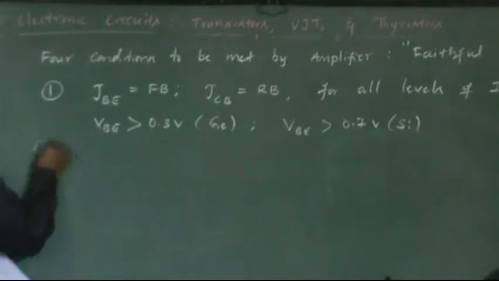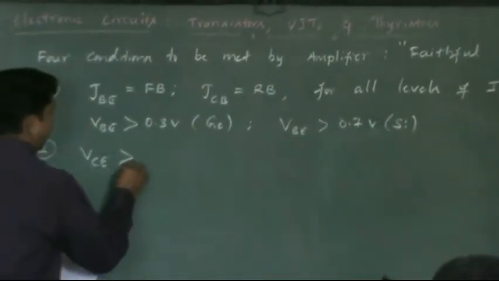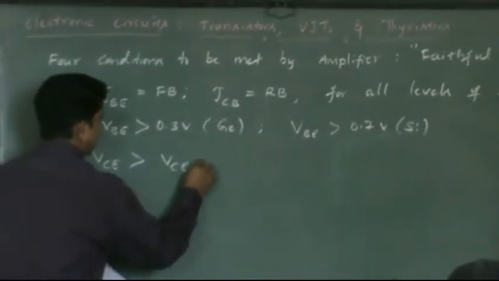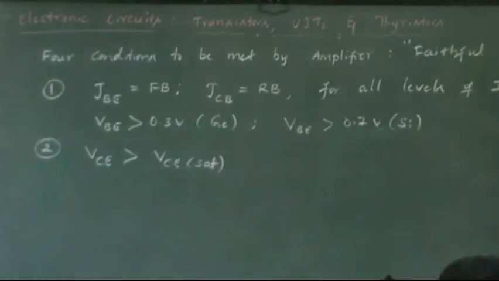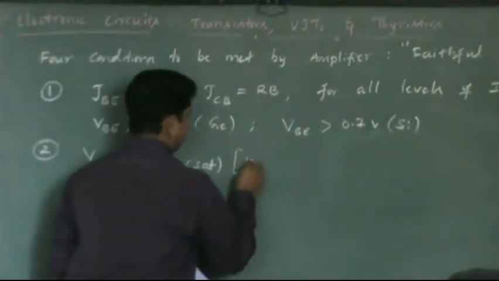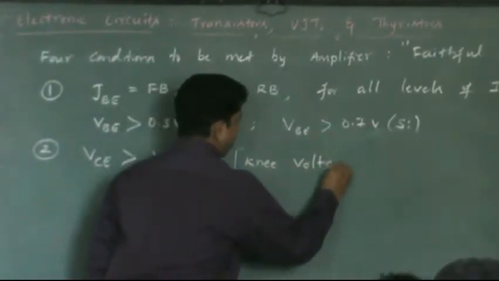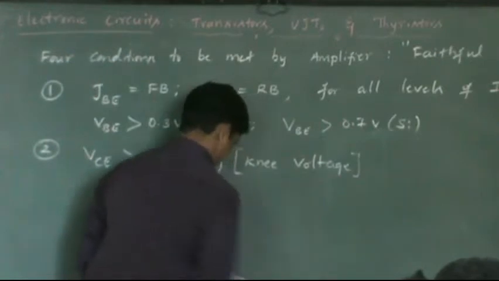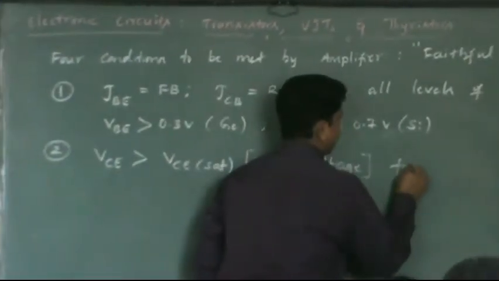What does condition number 2 say? VCE must be greater than VCE saturation. This VCE sat is also called the knee voltage, for any part of the input signal.